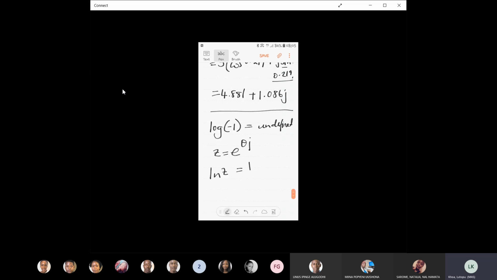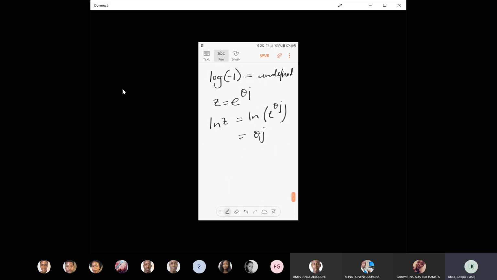You know that this is ln of e to the power of theta j, and this would just be equal to theta j.